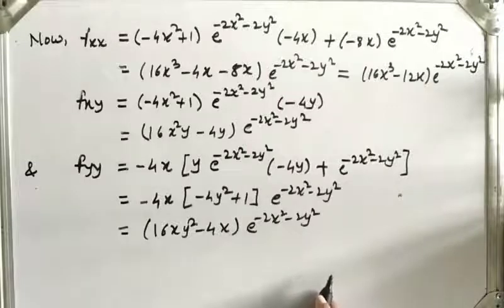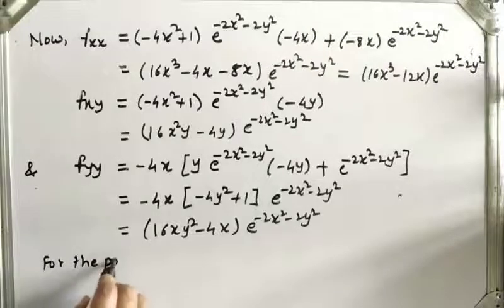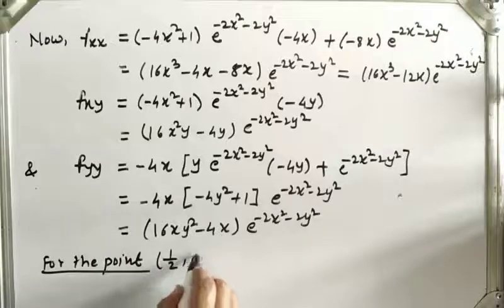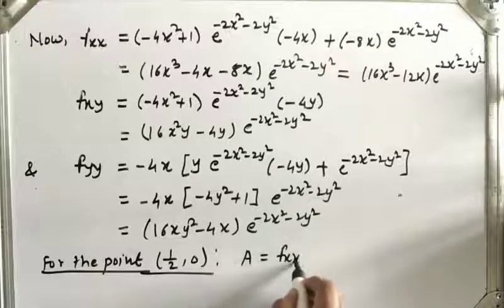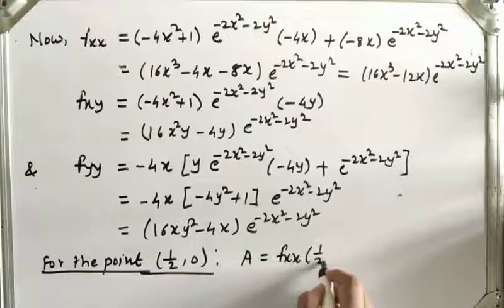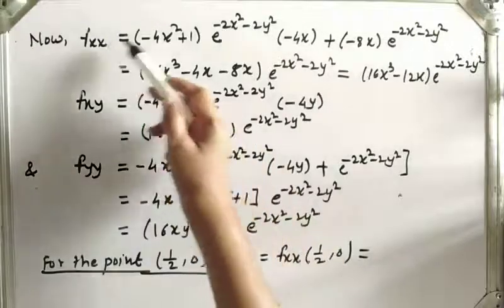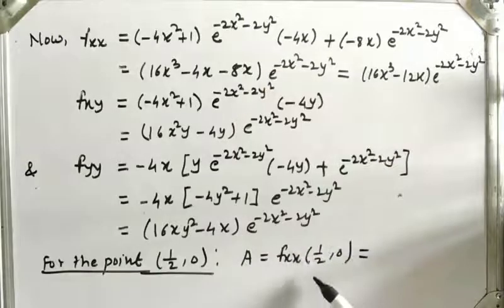Now for the critical points, for our first critical point, 1 half 0. For the point 1 half 0, a is equal to fxx at the point 1 half 0. What is our fxx? We calculated this value. 1 half 0 means put 1 half in place of x and 0 for y.